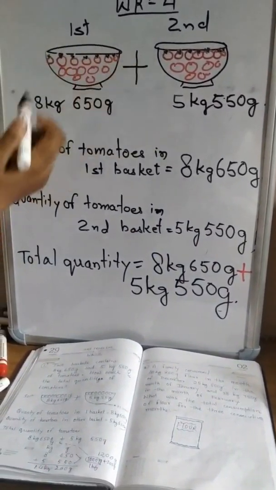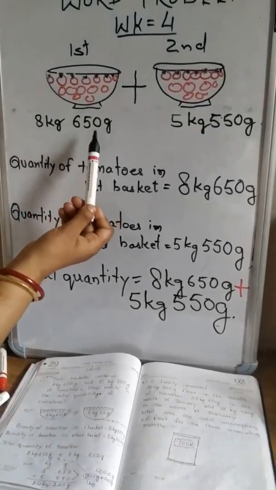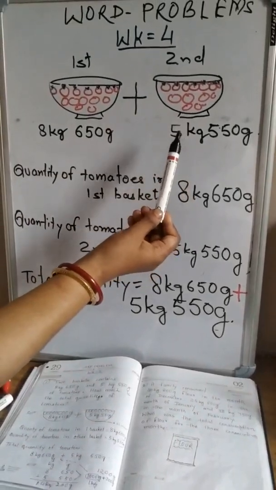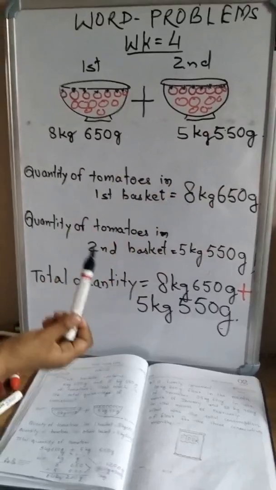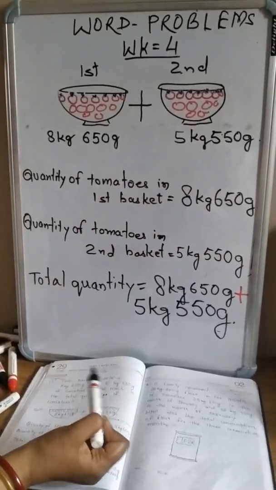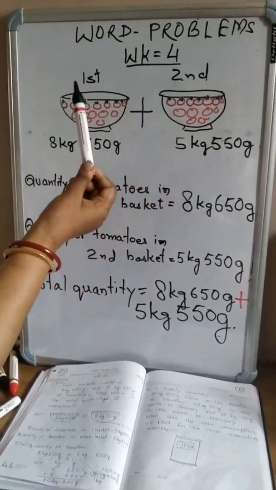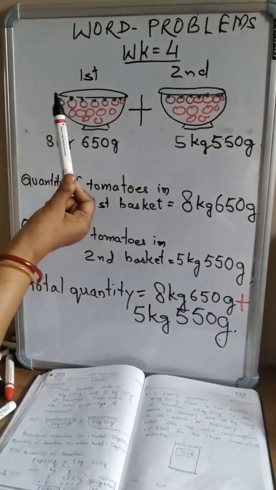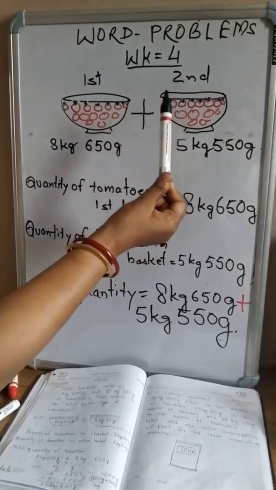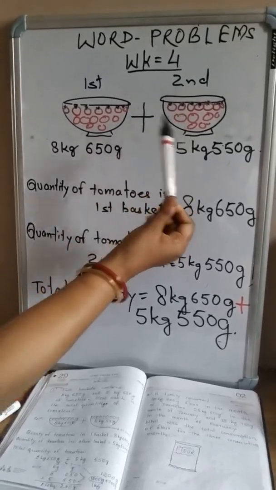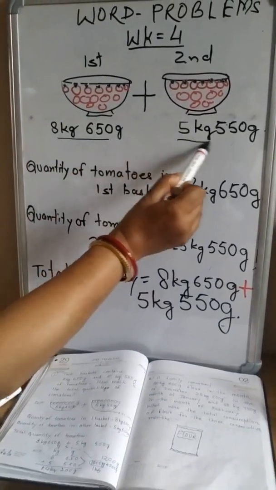The first basket contains 8 kilogram 650 gram and the second basket contains 5 kilogram 550 grams of what? Tomatoes. So the question is, how much is the total quantity of tomato? Total quantity means you will add the quantity of tomatoes in the first basket with the quantity of tomatoes in the second basket. So we will do addition of these two quantities.